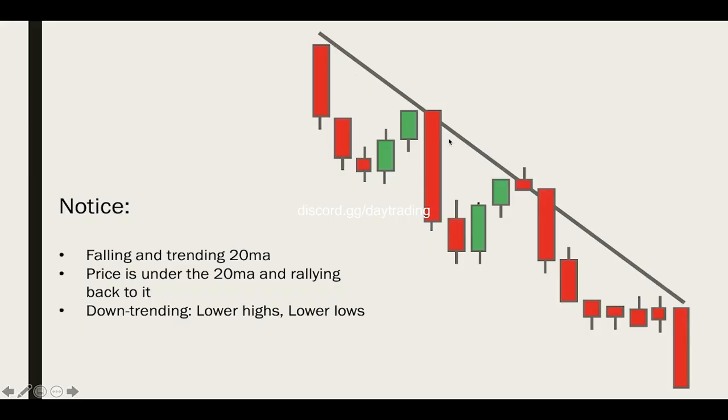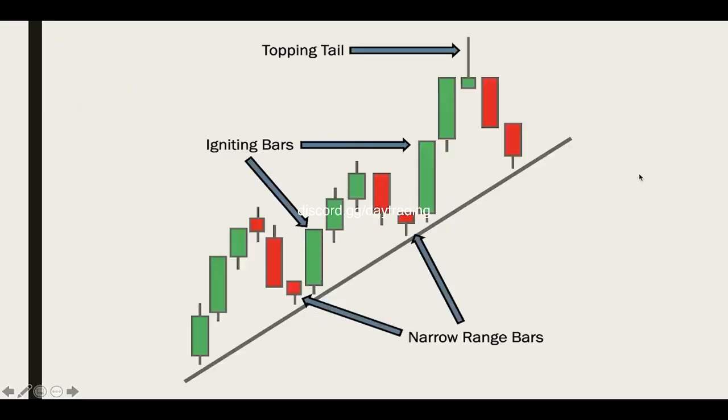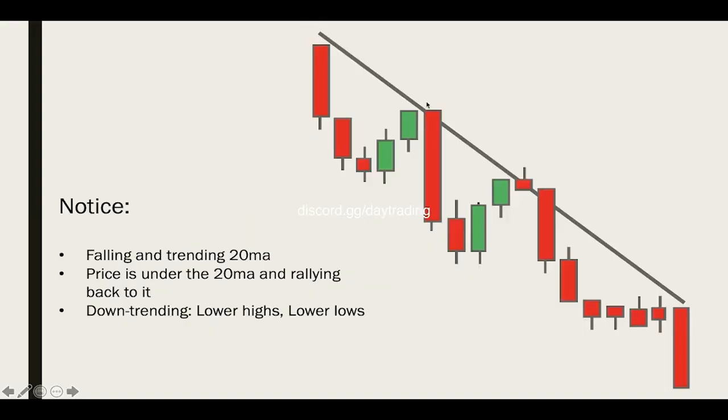So the 20-day moving average, for both uptrends and downtrends, can also be used as support. It's acting as support for the stock during an uptrend, and it's acting as resistance for a stock or crypto during a downtrend. Hopefully this all makes sense.